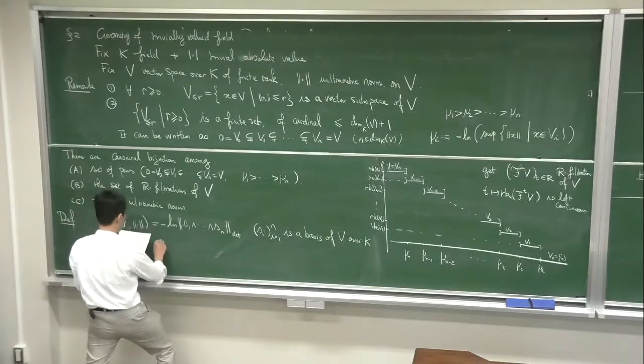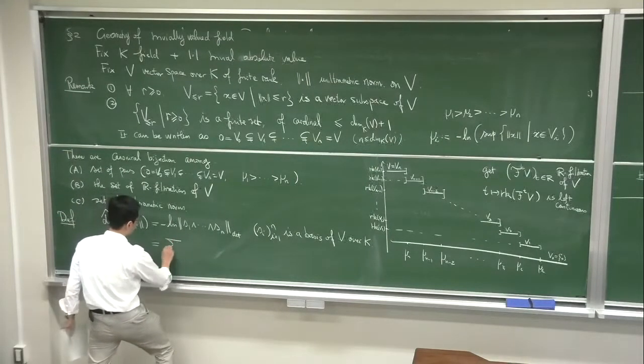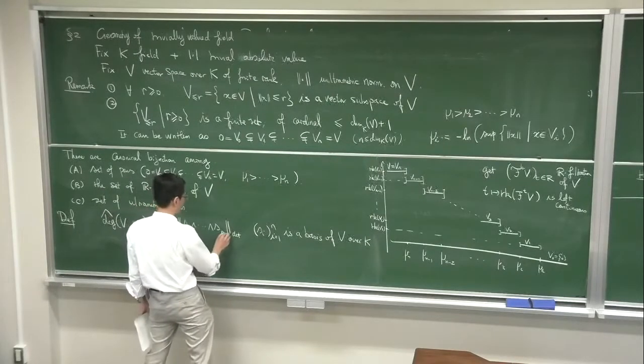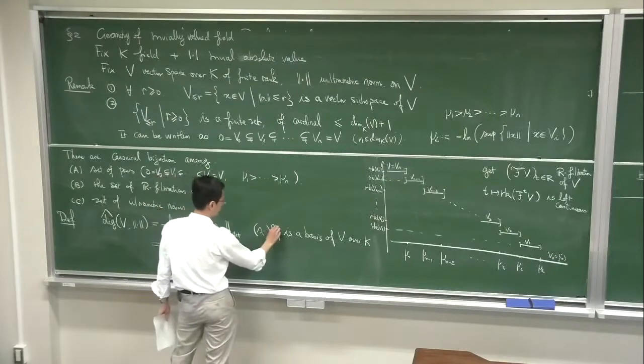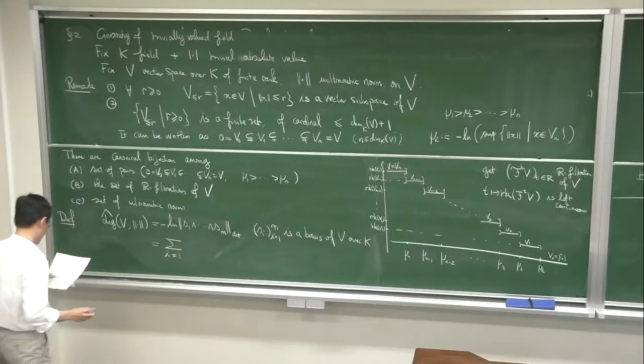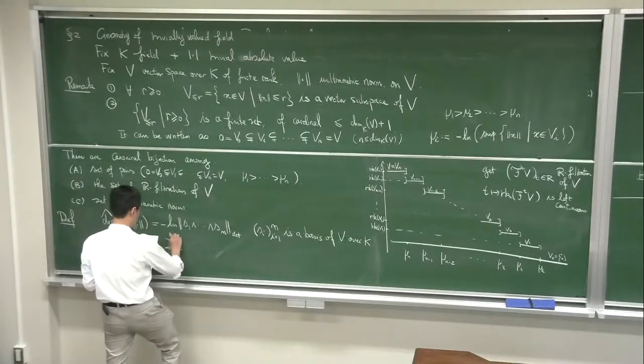So I will just give you a formula. So this is just the sum of i. Sorry, I should not write n here because I need n to denote the length of a flag.